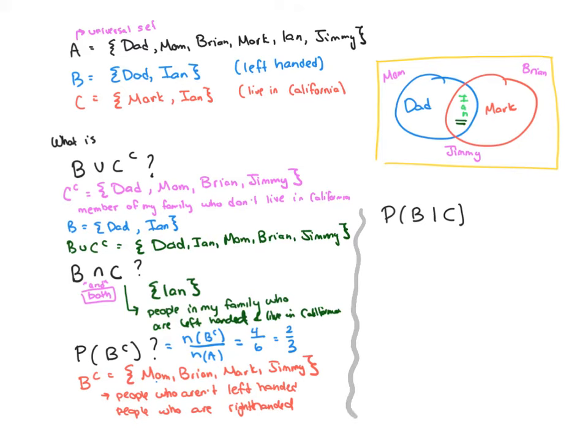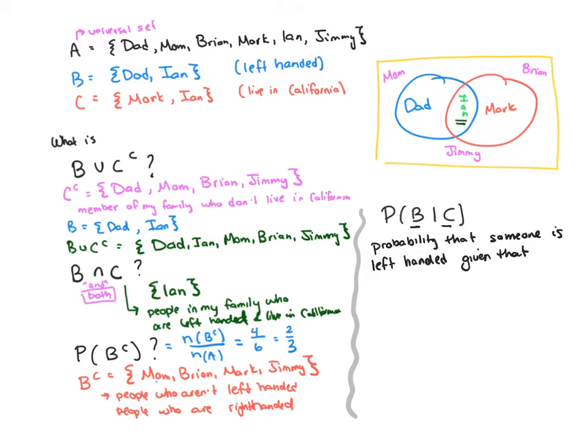So let's go ahead and think about the probability that we have B given C. So first let's write this out in words. So this is the probability that B, so someone in my family, is left-handed, given that C is true.